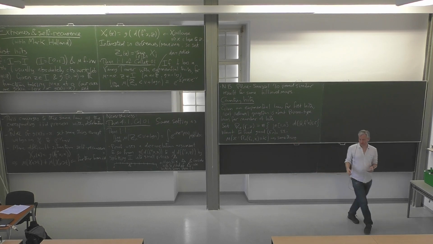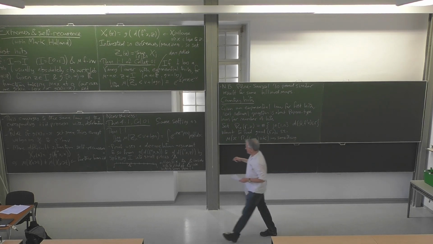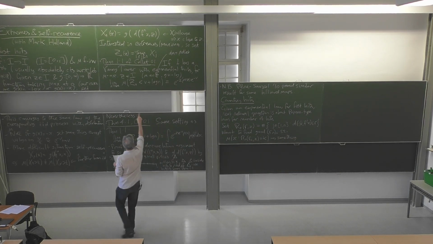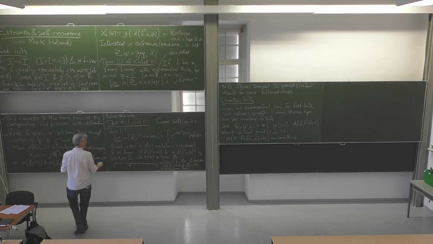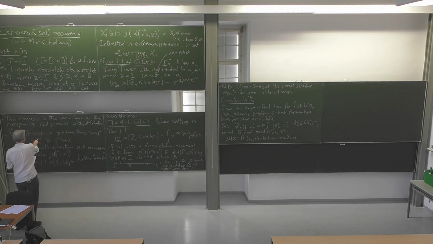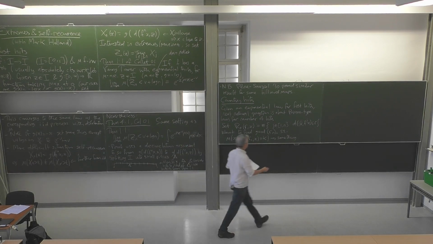Okay, so that's the plan. The candidates for the rn's are these scaling sequences. If I had minus log, then something like v plus log n. But here I'm going to look at g of x equals minus x, and so the natural candidate then is something like v over n. So my rn is some multiple of 1 over n.